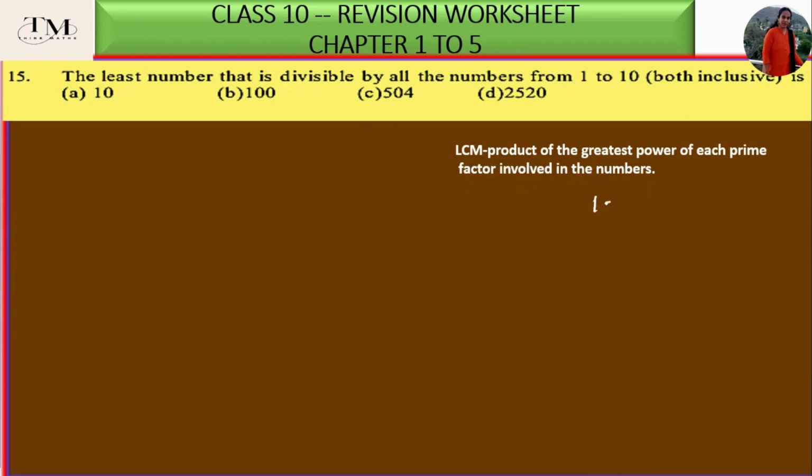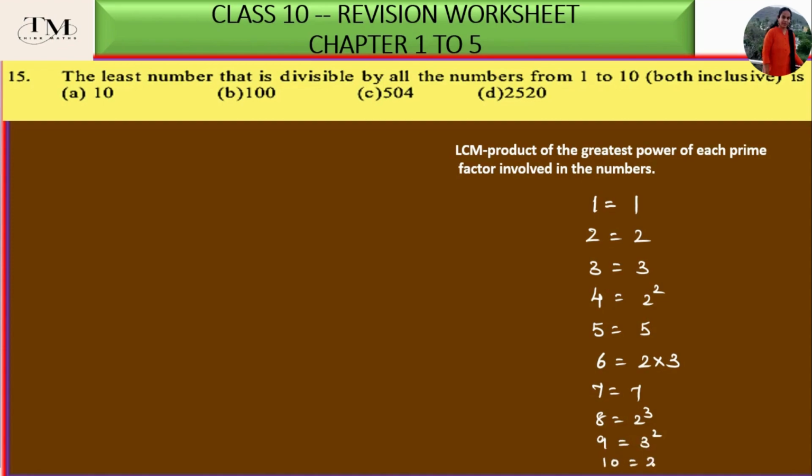Now 1 can be written as 1, 2 can be written as 2, 3, there are no factors. 4 can be written as 2 square, 5, it is just 5. 6 can be written as 2 into 3, 7 as such, 8, 2 cube, 9, 3 square, 10 is nothing but 2 into 5. We have to find the LCM for these numbers.